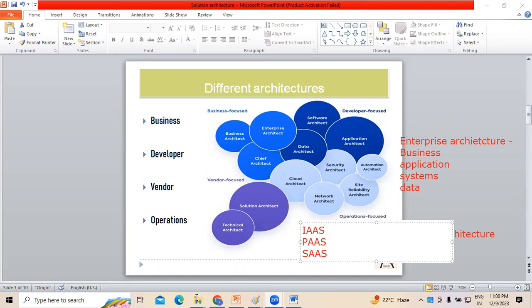Let's say, for example, we are constructing a building. Let me give you a generalized example so that you can understand well. Even though you are from IT, at the end of the day understandability is more important than what example we are taking. When you want to construct a building, it's not only about the blueprint.